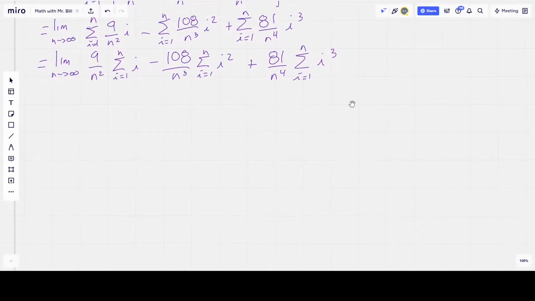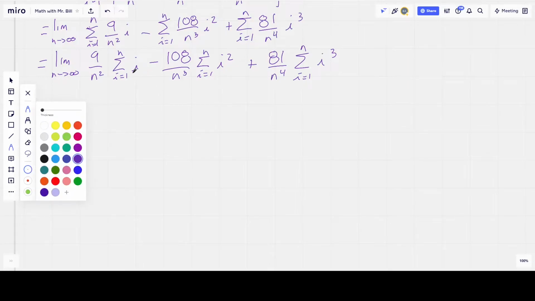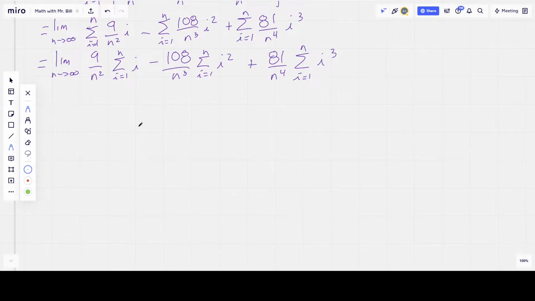Now somewhere in your handout or your book, you should have a table that lists the sums of the different powers of I. So, for example, the sum from I equals 1 to n of I is equal to n times n plus 1 all over 2.